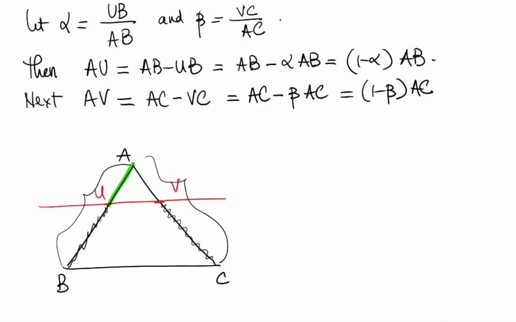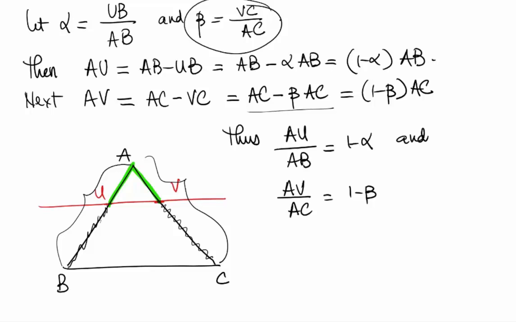we see that AV is going to be equal to AC minus VC. But if we consider this ratio here, beta, which is VC over AC, then VC is beta times AC. Therefore, AV will be AC minus beta times AC, and then we can factor AC out to get 1 minus beta times AC.